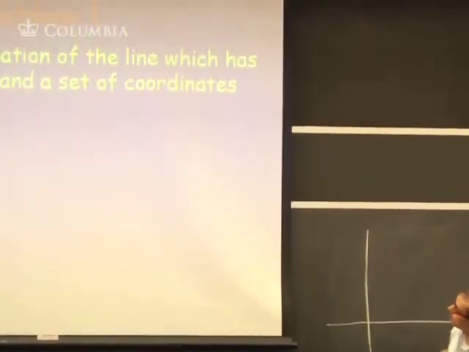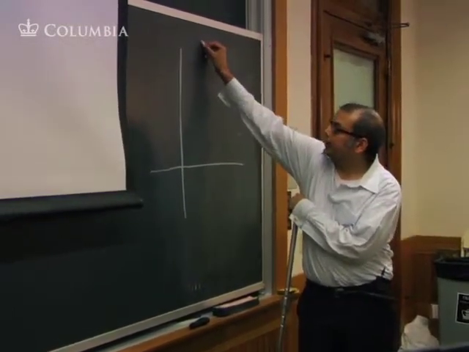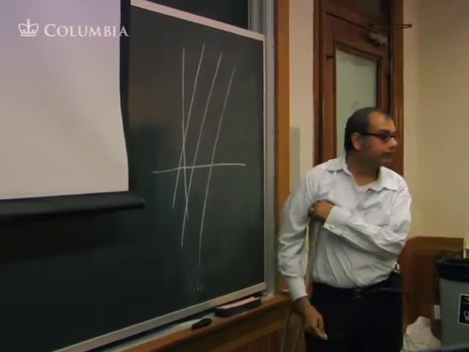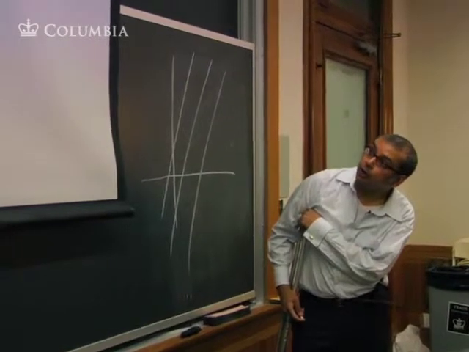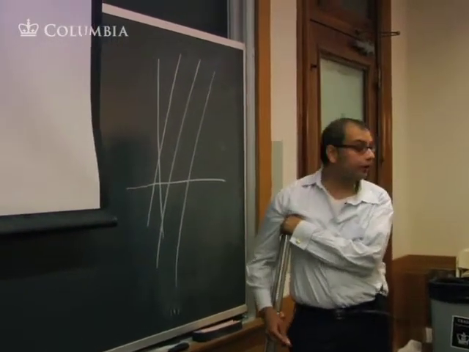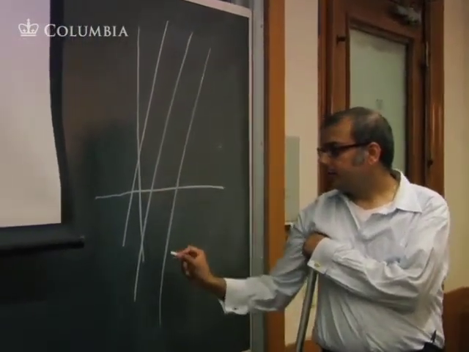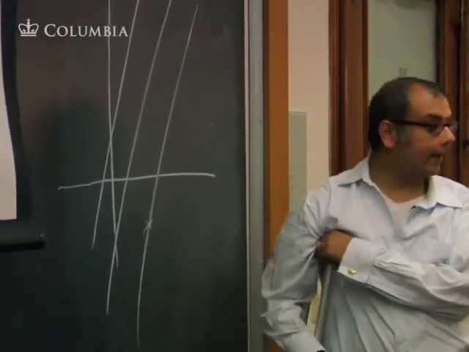Okay, so it has a slope of 4, so we know that it is a relatively steep slope, could be any one of these lines, and we know that one of the points on the line is (3, -2). Okay? (3, -2) is something like that.